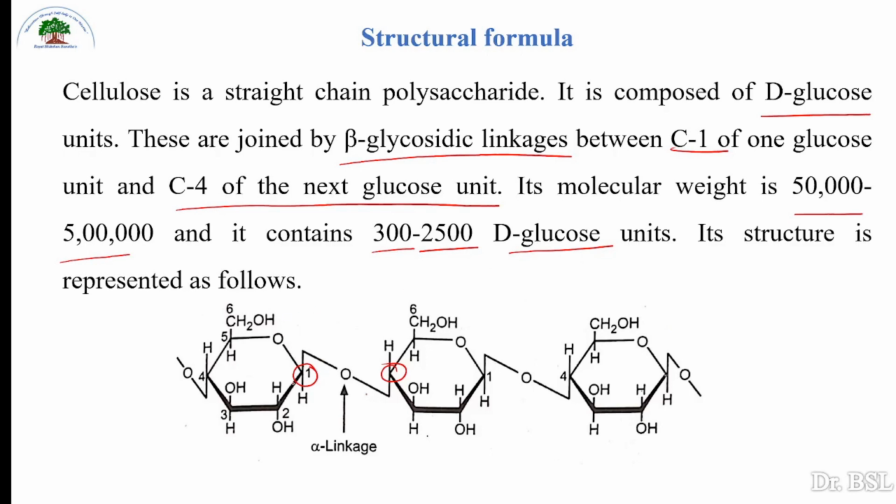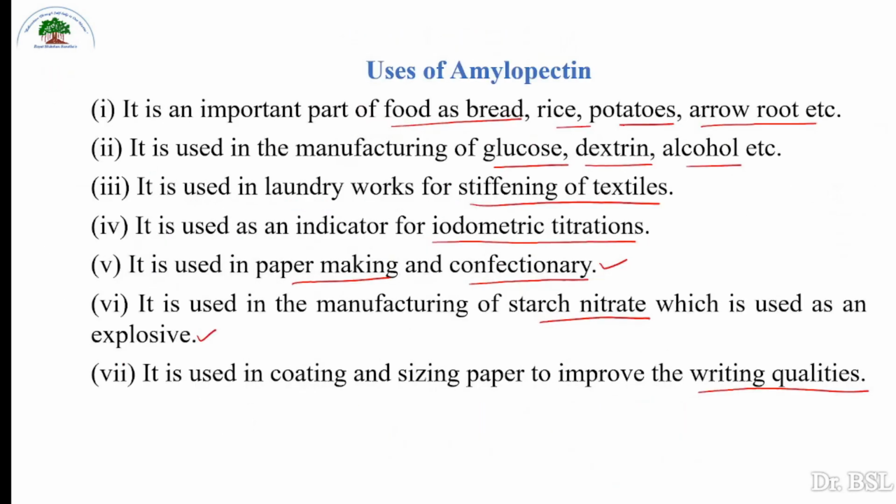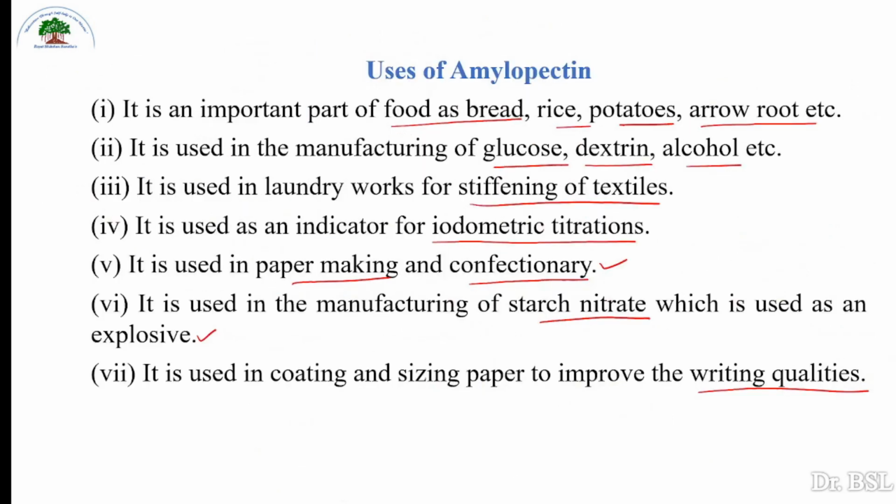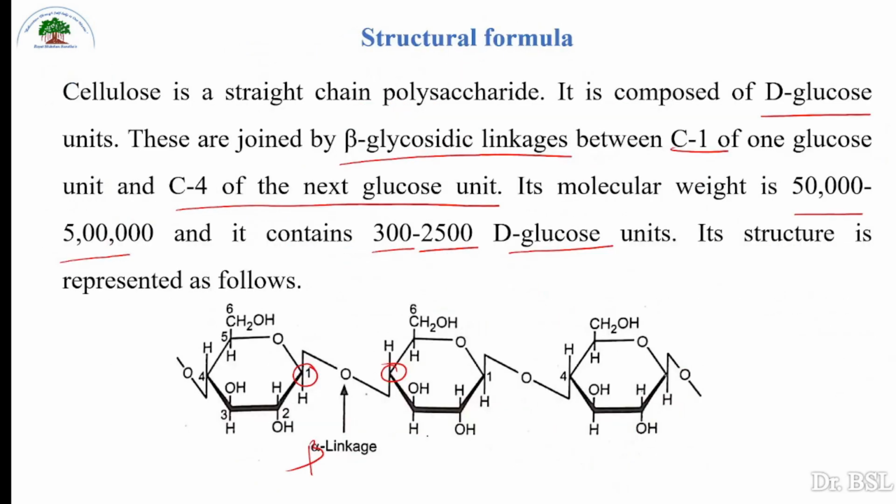Its structure is represented as given below. So this one is beta glycosidic linkage. When it is alpha, it is represented like this. But when it is beta glycosidic linkage, it is like this.